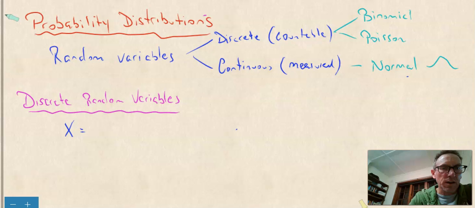X represents the set of discrete values an event can take. So if we're looking at tossing a coin 4 times, then the number of heads could be our discrete random variable, and that would be X.